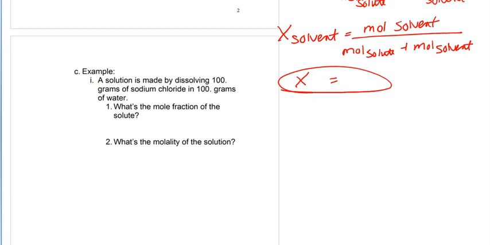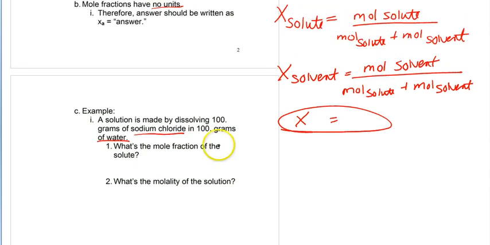To give you an example, you would have 100 grams of sodium chloride, which is your solute, dissolved in water, which is your solvent. You have to take both of them first and convert to moles, and then plug into one of your equations. Here we want to know the mole fraction of the solute.